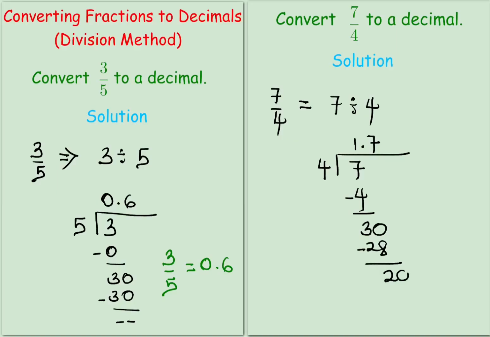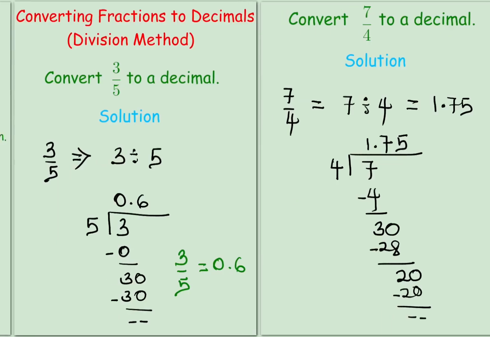So we can put a 0 here and then continue with our division. 20 divided by 4 gives us a 5. And 4 times 5 gives us 20. If we subtract, we have no remainder. So our quotient now becomes the answer that we need, that is 1.75. And that is the decimal form of the fraction 7/4.